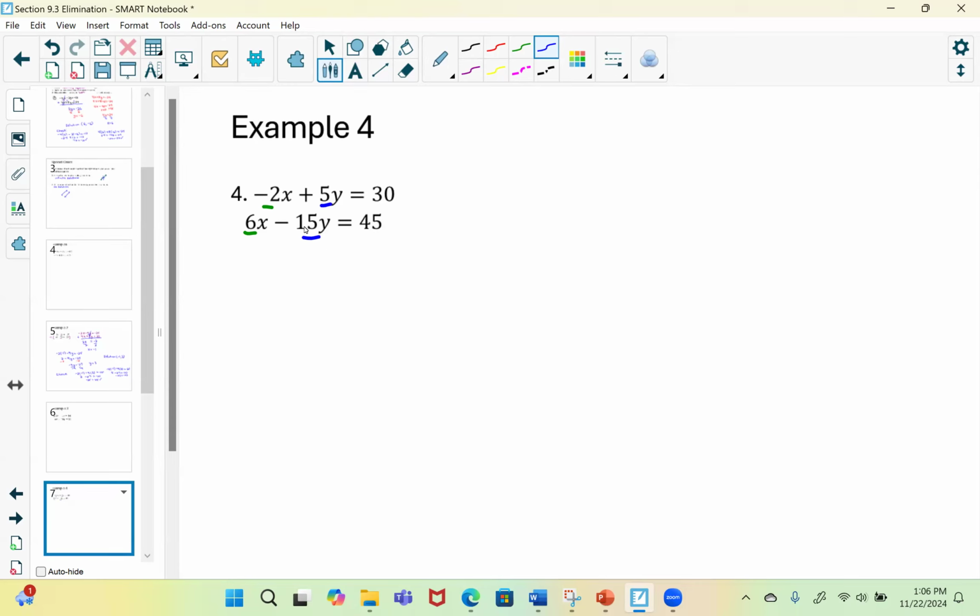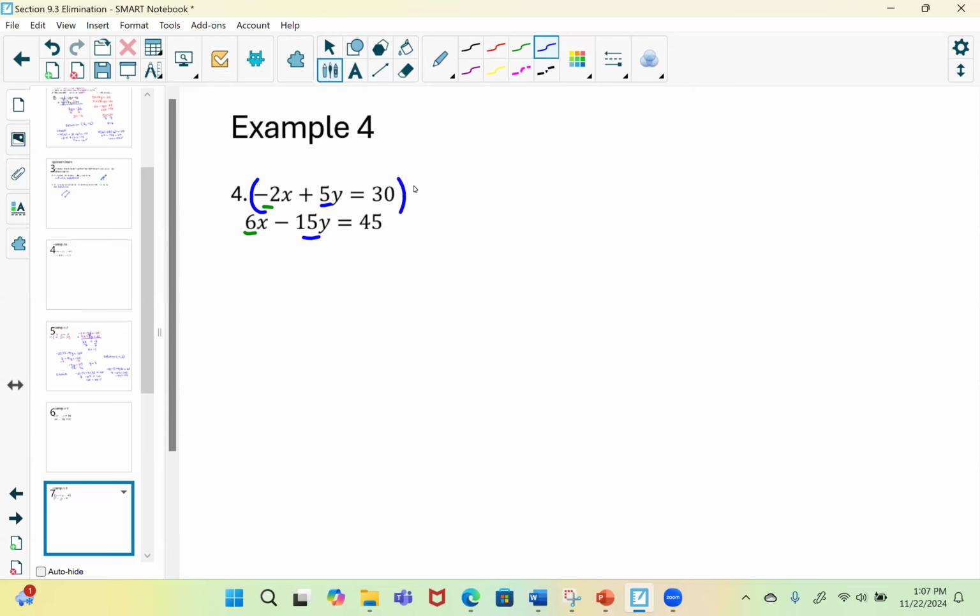Either one will work, but I'm just going to focus on the x because this one's negative and that one's positive. How do I get both of them to be the same number? Well, I know that I could get negative 2 to be a 6 by multiplying by 3. That's what you're going to think about: what could I multiply by to get them to be the same number? So I'm going to multiply this equation by 3.